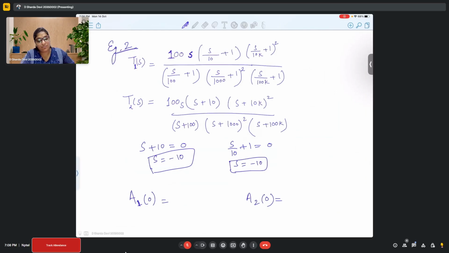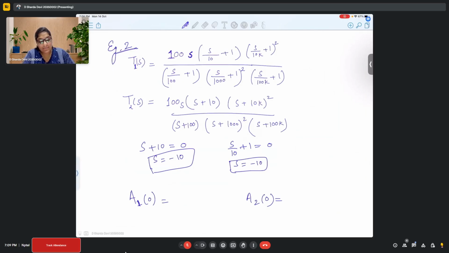In this case, it is same, like we are getting 100. If we put S equal to 0, we get 0 for both T1 and T2. Yes, S is equal to 0.